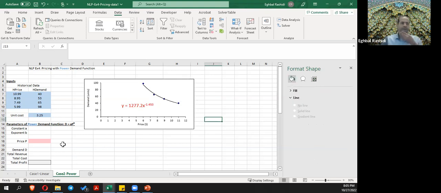Okay. So this is our A and B. We didn't have to do any computation. So A is 1277.2 and B is negative 1.453. Okay. Did anyone get how I came up with these values?